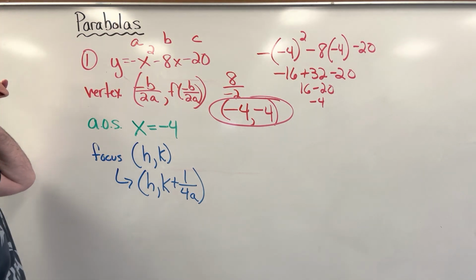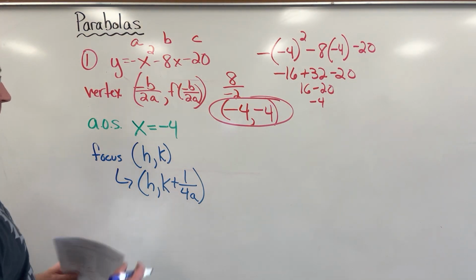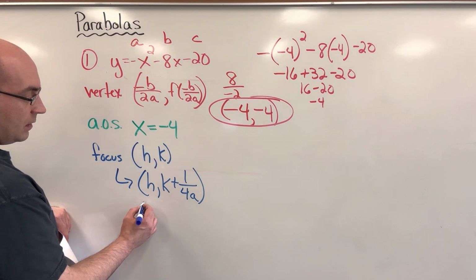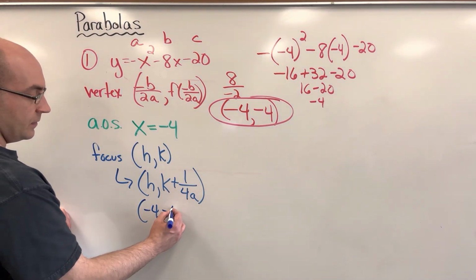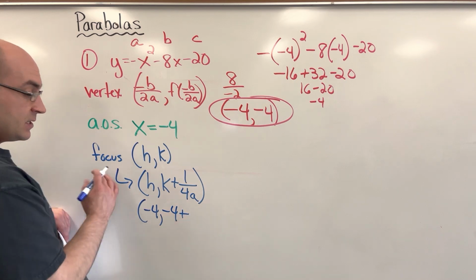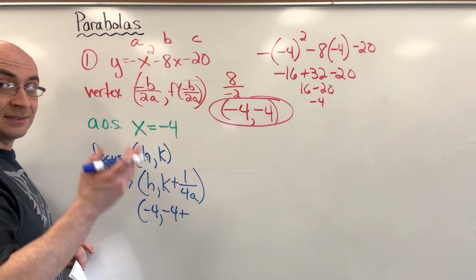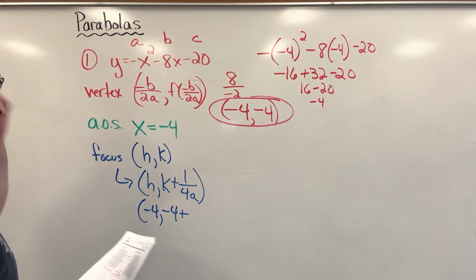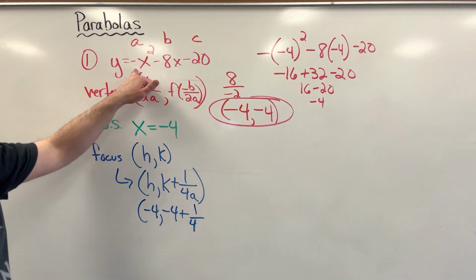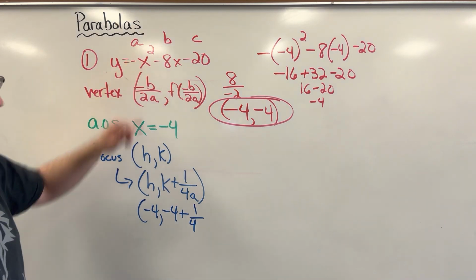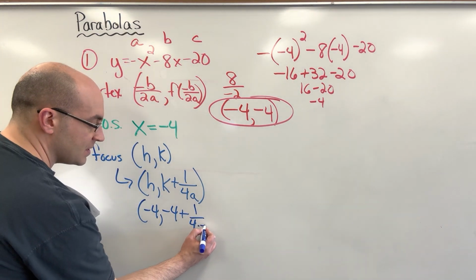All right, so here we're going to put our values back in. Our H value, or X value, is -4. Now the K value is also -4, right? Now I'm going to add, because the focus is going to be plus, I'm going to have to add to it. And it's going to be plus 1 over 4 times the A value, and that A is that A, right? So it's going to be 4 times -1.